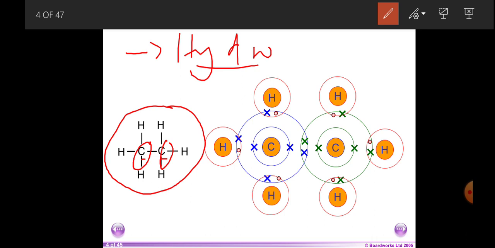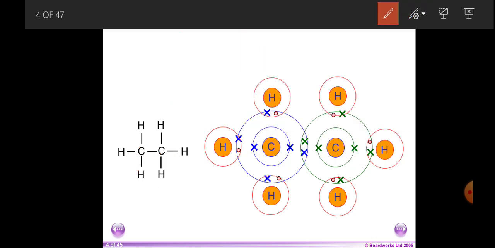We have compounds such as proteins. Those are organic compounds, but they are not hydrocarbons, because hydrocarbons are formed by hydrogen and carbon alone.